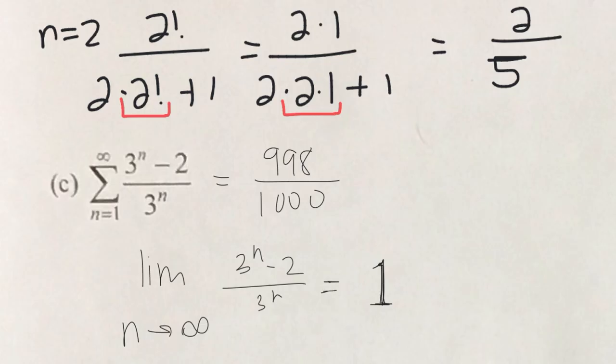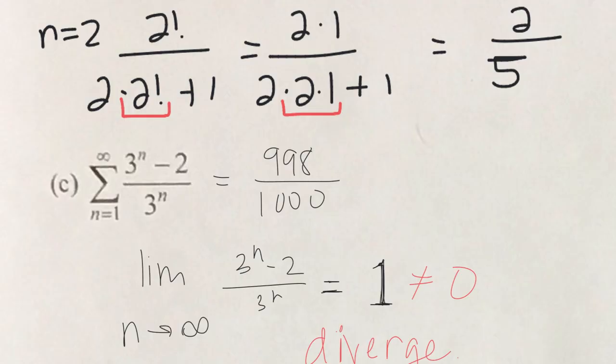The numerator is only 2 units less than the denominator, so 98 over 100 is 0.98, which gets closer and closer to 1, which means that our series will diverge because this does not equal 0.